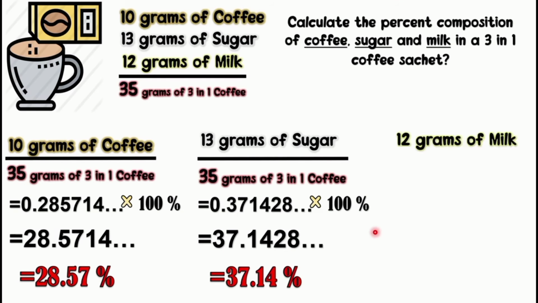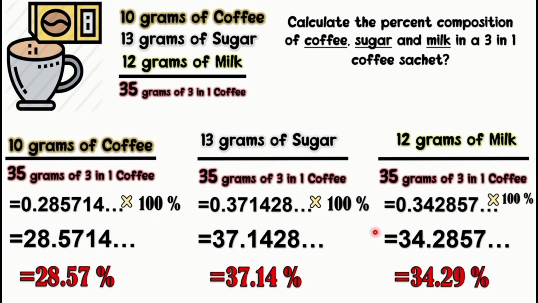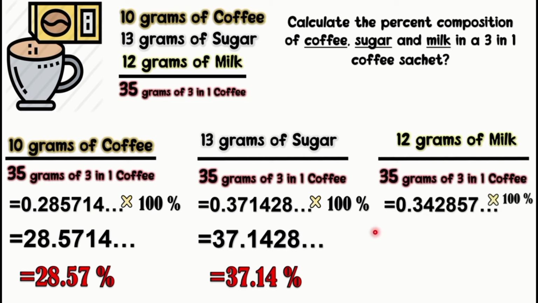Now, let's solve for the milk. 12 grams of milk divided by 35 grams of 3-in-1 coffee is equal to 0.342857 and so on, times 100. The answer is 34.29%. You need to round off your answer to the nearest hundredths.